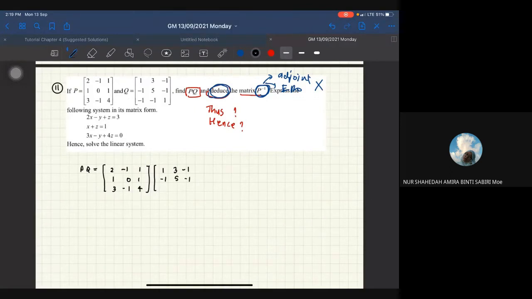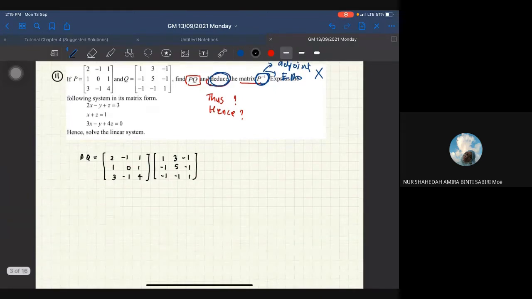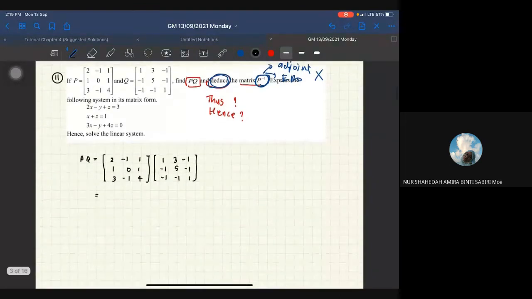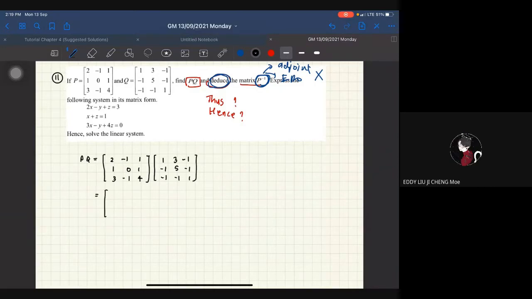Okay, so bila kira P darab Q, apa yang awak akan dapat? Awak dah try buat belum soalan ni? Dapat tu. Dapat? Berapa? Two. What to call that? 2 times identity.